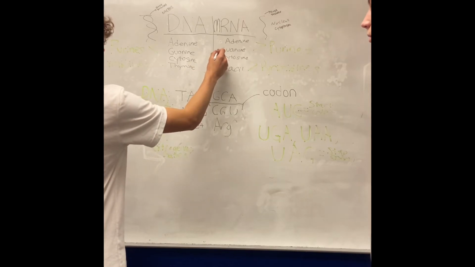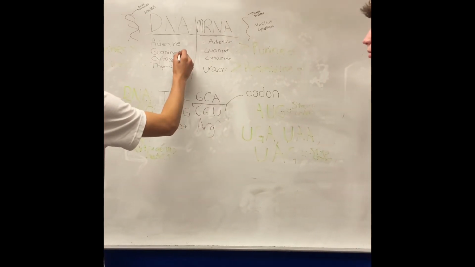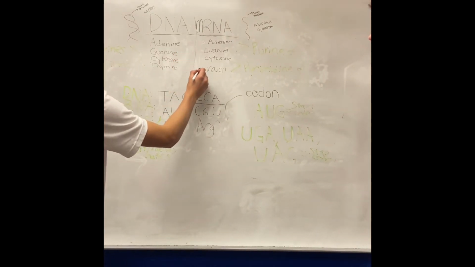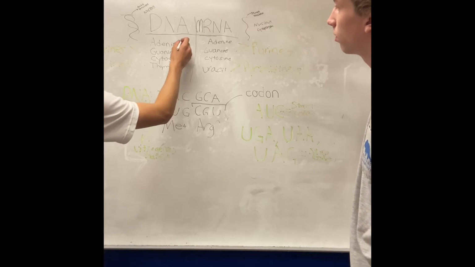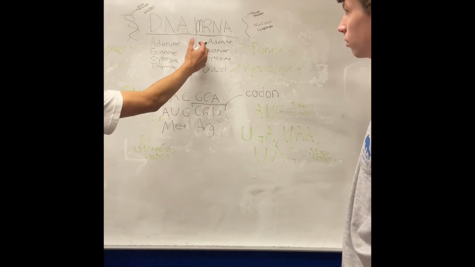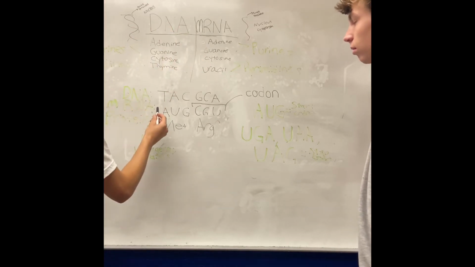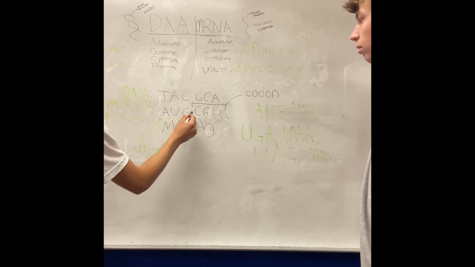Guanine from mRNA pairs with the cytosine of DNA. The cytosine of mRNA pairs with the guanine of DNA, and the uracil of mRNA pairs with the adenine of DNA.